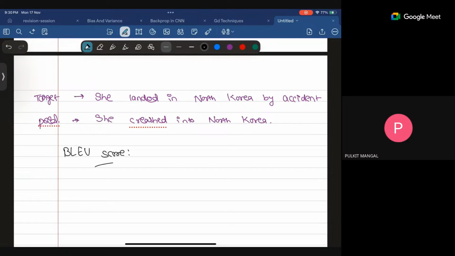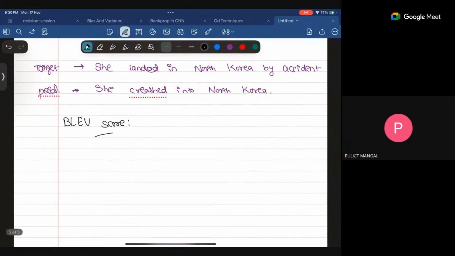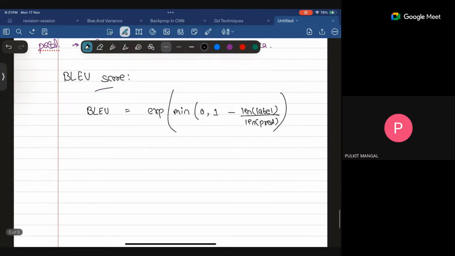And what it uses, I'll write the formula: the exponential of min of 0, 1 minus the length of the label divided by the length of the predicted sequence. This part is called the brevity penalty.